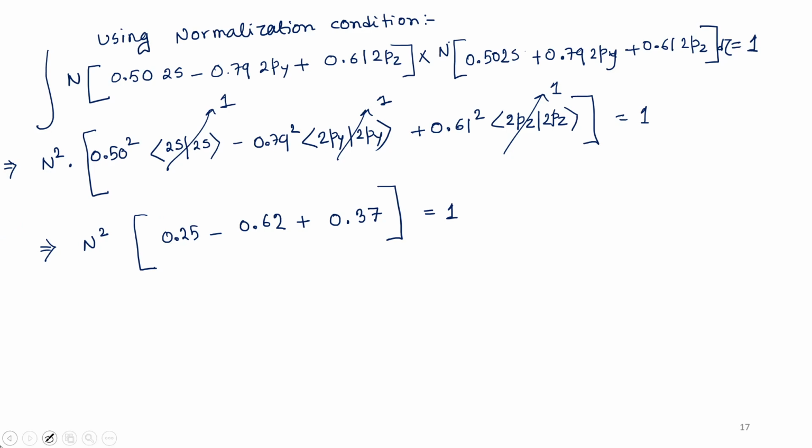I am doing that mistake here. So let me erase this part. Maybe I should write these conditions at two places, right?